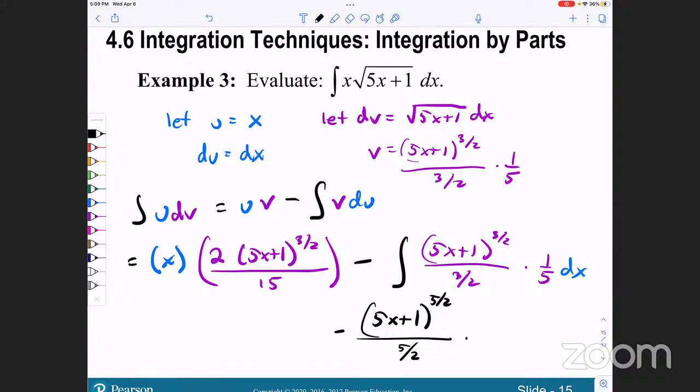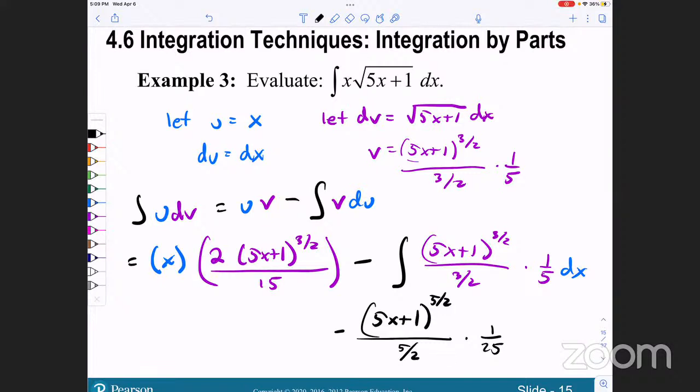And I think it's times 1 over 25, because we had to incorporate another 1/5. We can check by taking the derivative: the 5 halves comes down and cancels, we get 3 halves times 5, and that produces the 1 over 5, right? I think we've gotten rid of all the integrals.